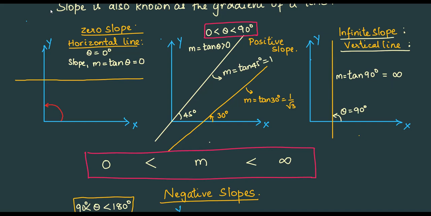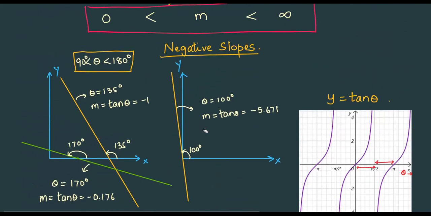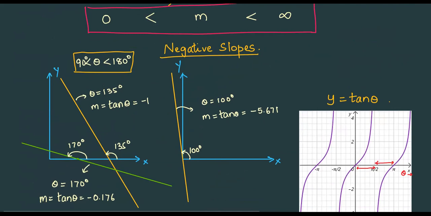Okay. This much is clear. But now, after 90, when the inclination changes from 90, the slope varies from minus infinity to 0.